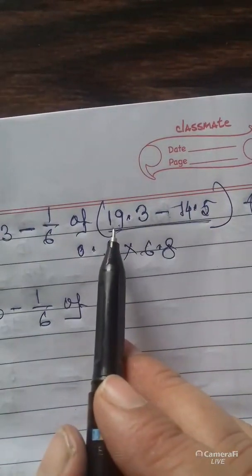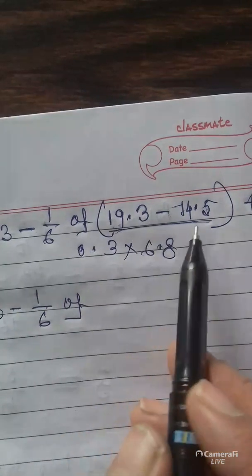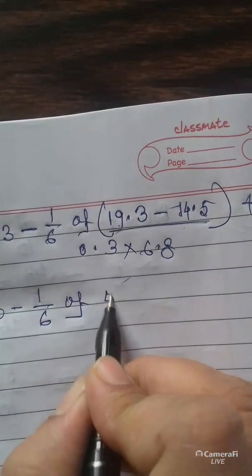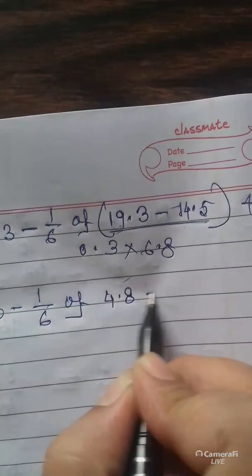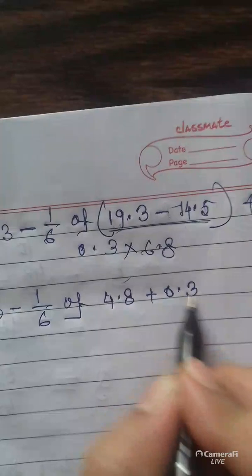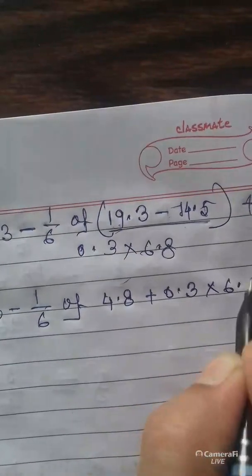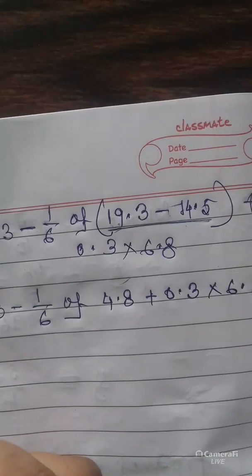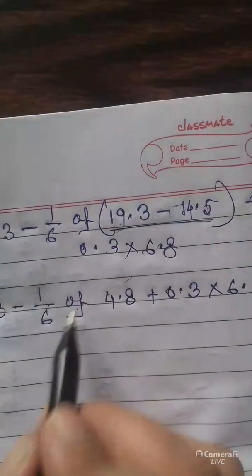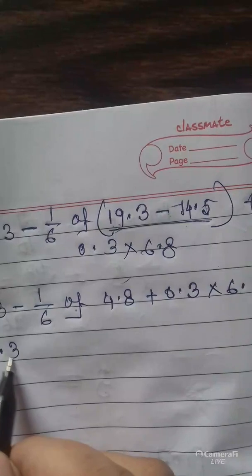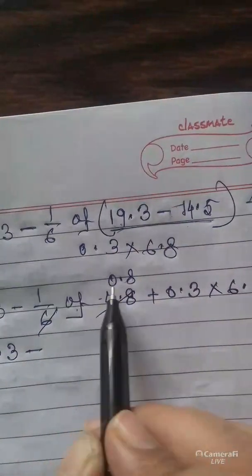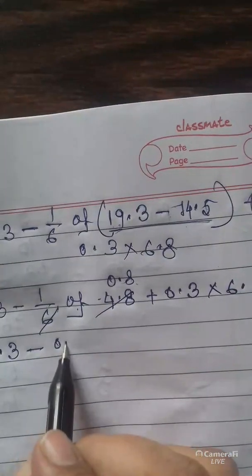We have to subtract 14.5 from 19.3 and we get 4.8, plus 0.3 into 6.8. Now 1.86 divide 0.3 minus 1 by 6 of 4.8. 6 8 ja 48, so 0.8.